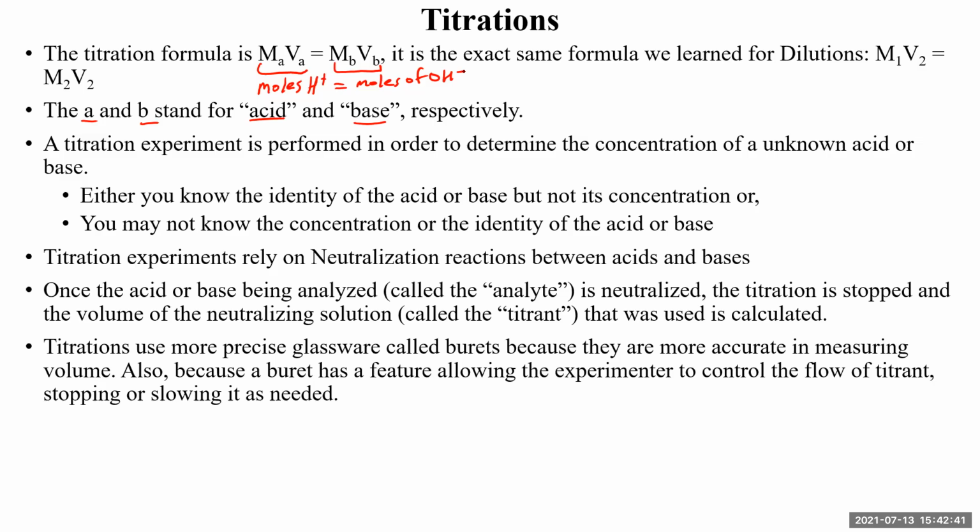And the volume of the neutralizing solution, called the titrant, that was used is calculated or measured, however you want to say it. It's a simple calculation. It usually involves nothing more than a subtraction. It's important to stop the titration experiment as soon as you reach the point where moles of acid equal the moles of base.